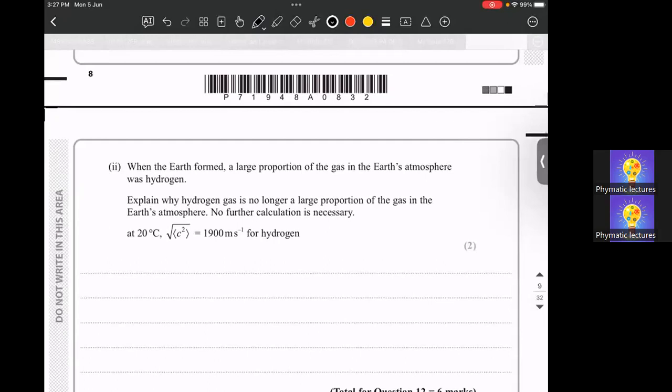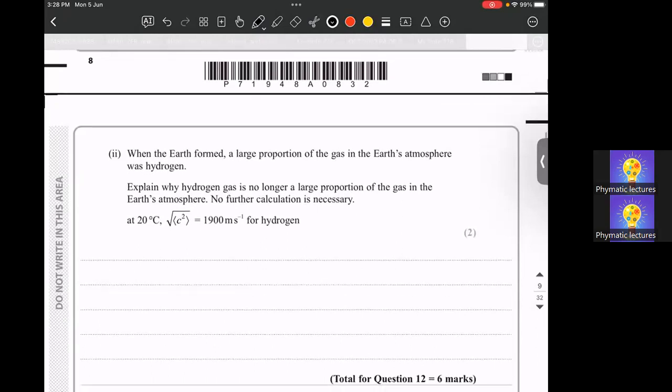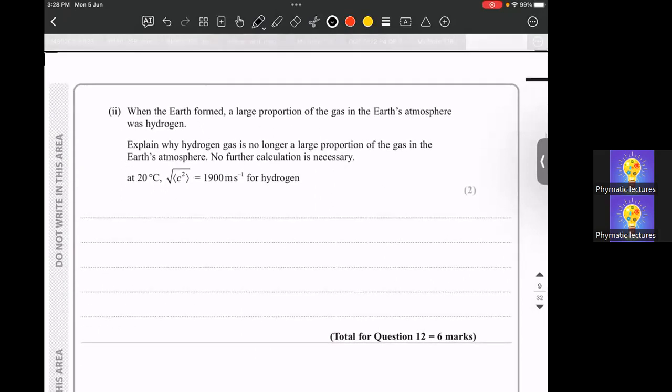So question 12.2. When the Earth formed, a large proportion of the gas in the Earth atmosphere was hydrogen. Explain why hydrogen gas is no longer a large proportion of the gas in the Earth atmosphere.